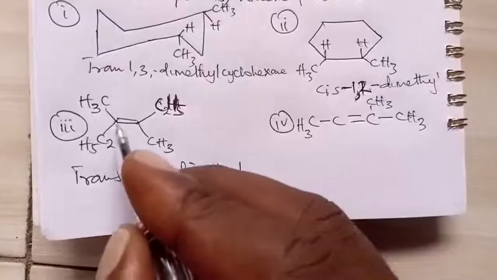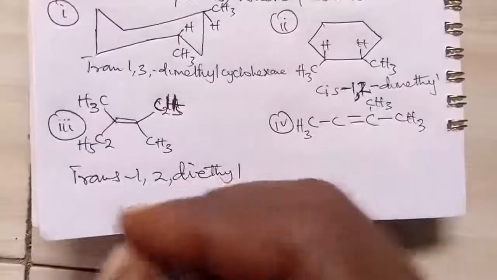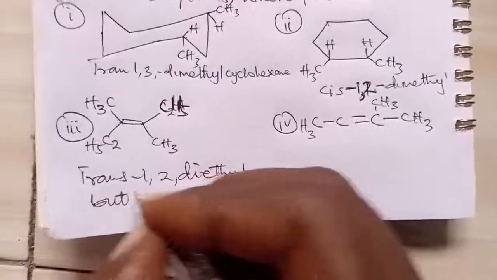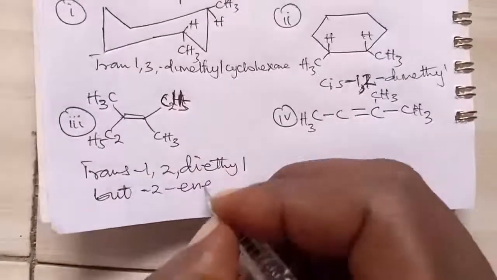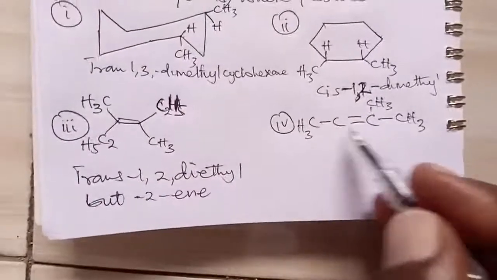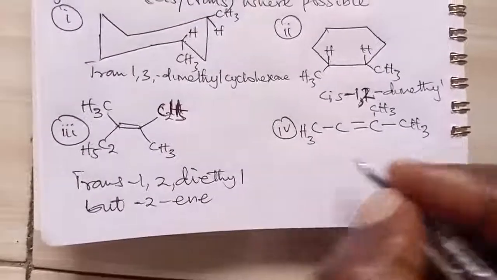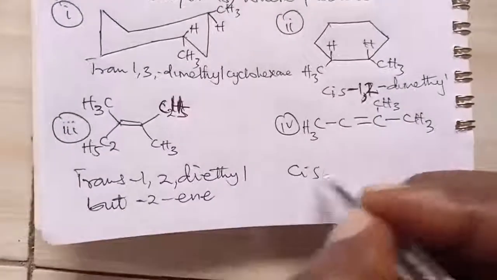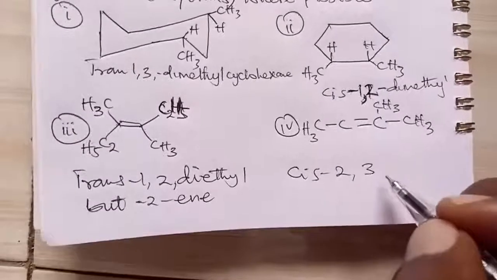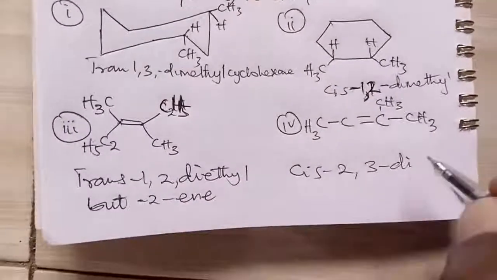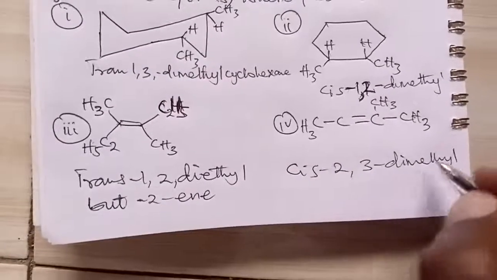This is 1 2 3 4. Anyhow, you can count the carbon atoms. But 2 in because of the double bond. Then the last one is at the second carbon atom there is methyl. There's also methyl, so it is cis 2, 3 dimethyl.